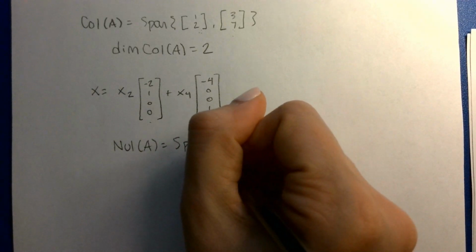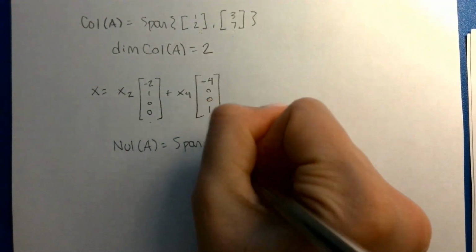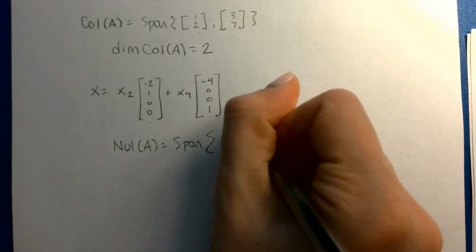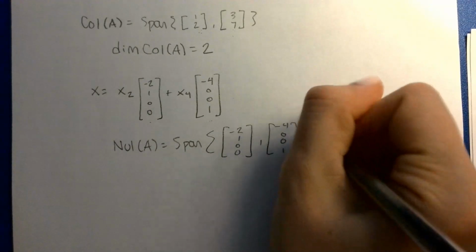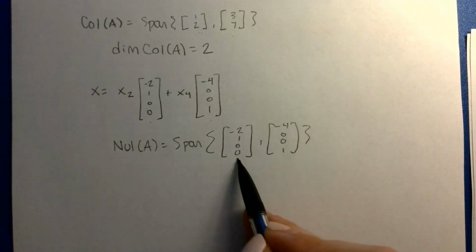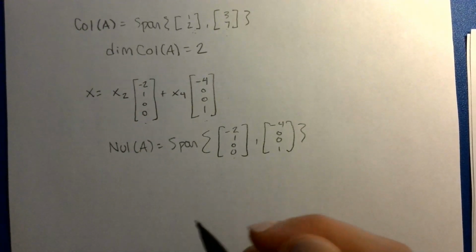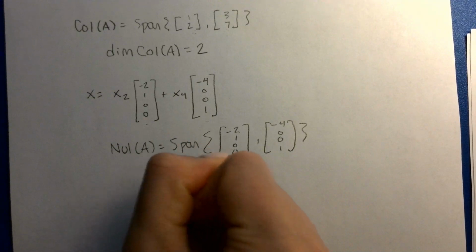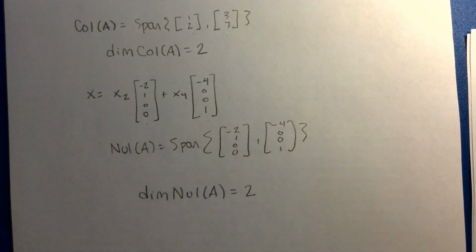Notice that the null space has nothing to do with the original vectors that are in the matrix. Alright, so my null space is the span of those 2 vectors, which means these 2 linearly independent vectors are the basis for my null space. So, the dimension of null space of A is 2.